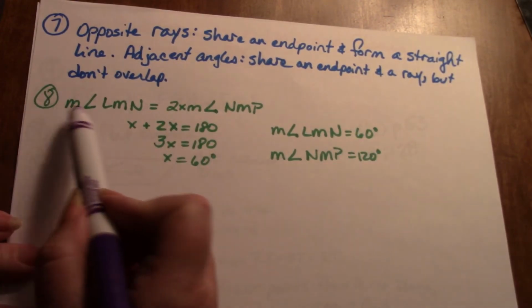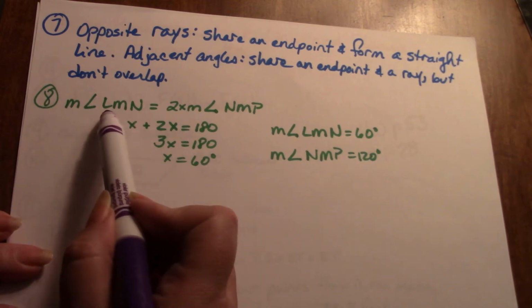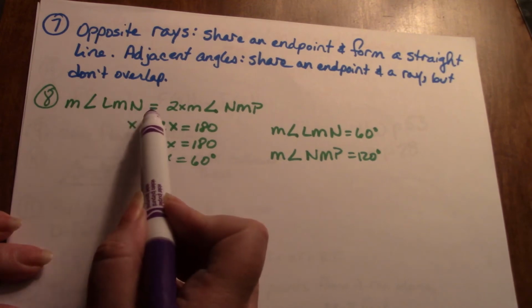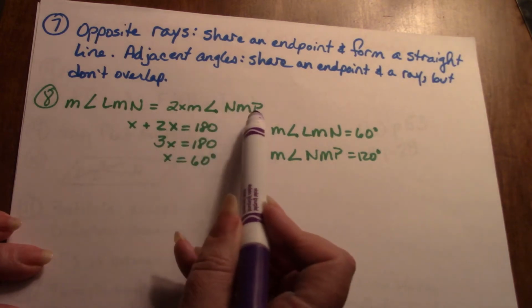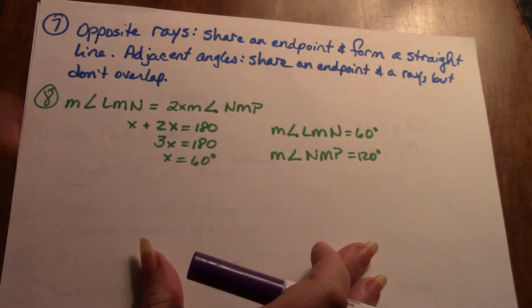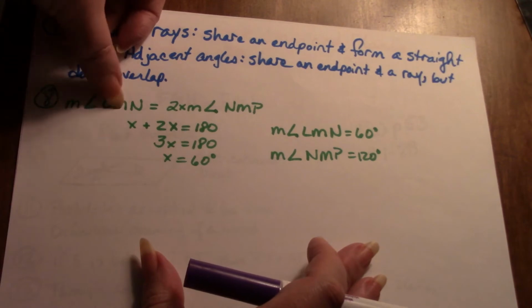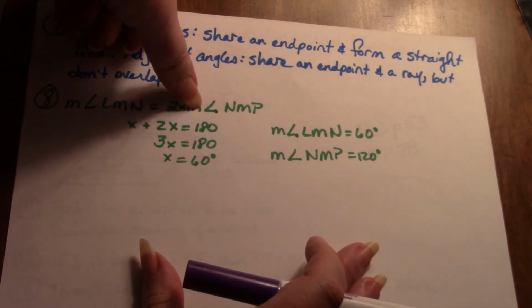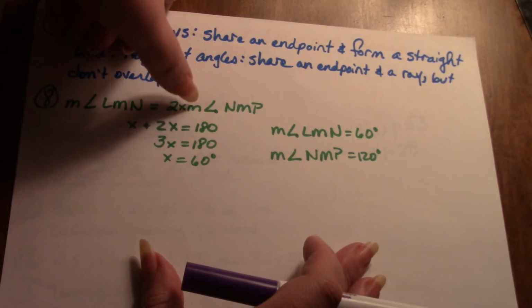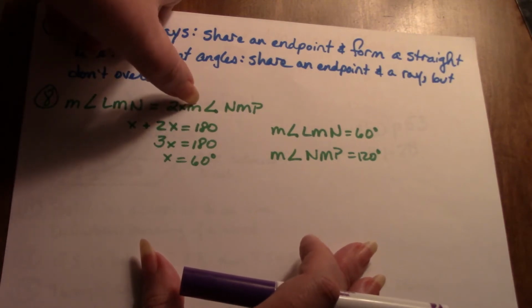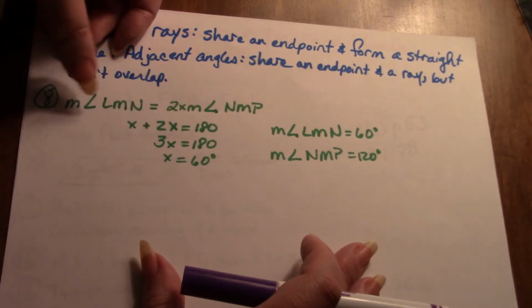And number 8, if the measure of angle LMN is the same as 2 times the measure of NMP, then one of these plus 2 of these is going to equal 180 degrees, because this makes a straight angle.